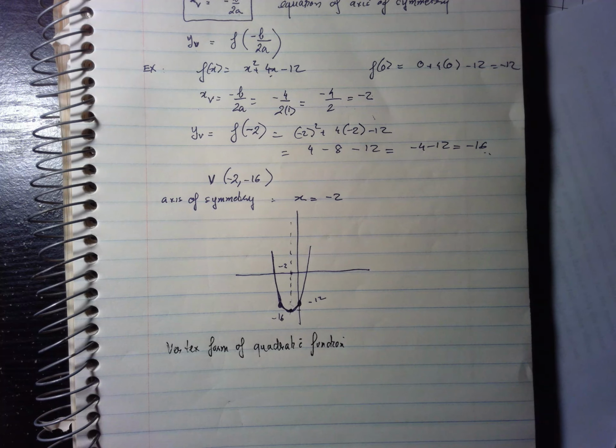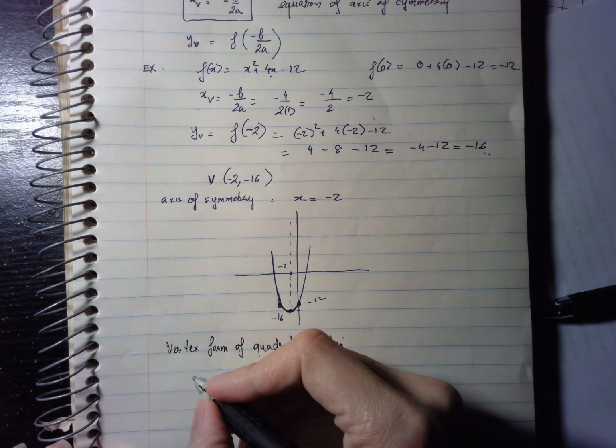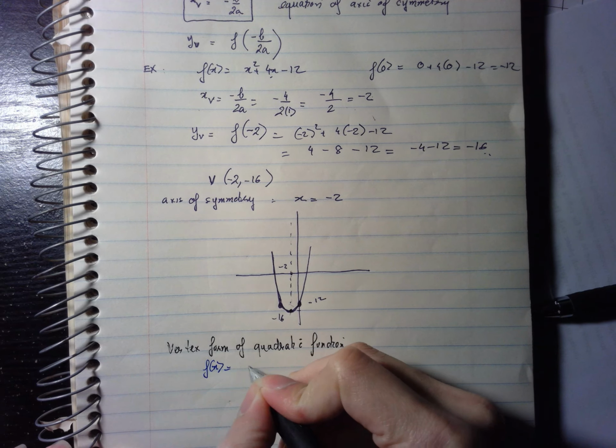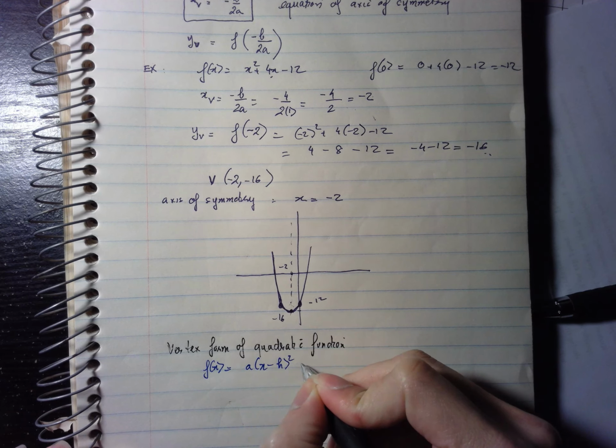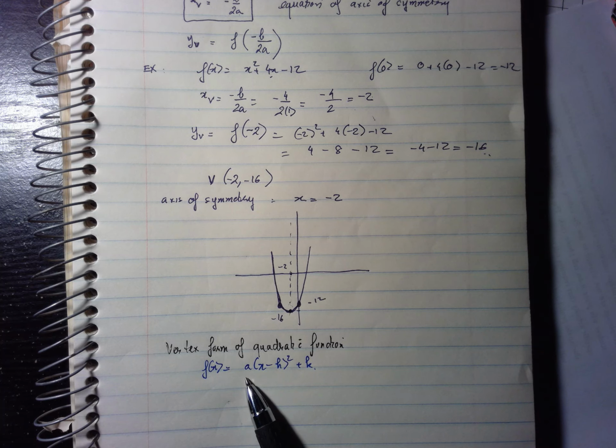We learned so far the standard form of a quadratic function, which is f(x) equal to ax squared plus bx plus c. The vertex form of quadratic function is as follows: f(x) equal to a(x minus h) squared plus k. So the leading coefficient will be unchanged. It means that the value of a, the leading coefficient of the standard form, will be the same.